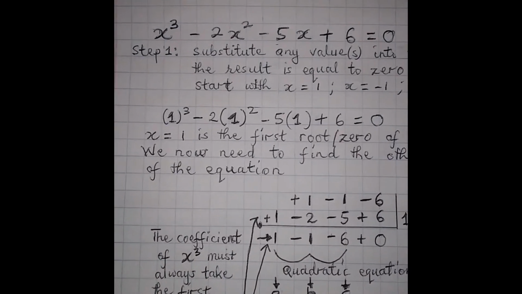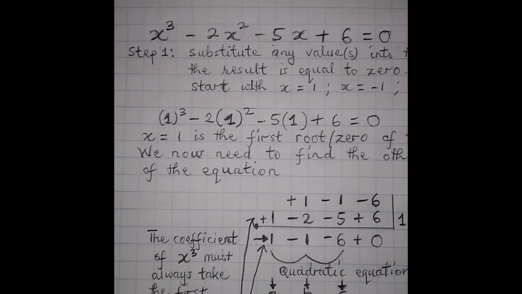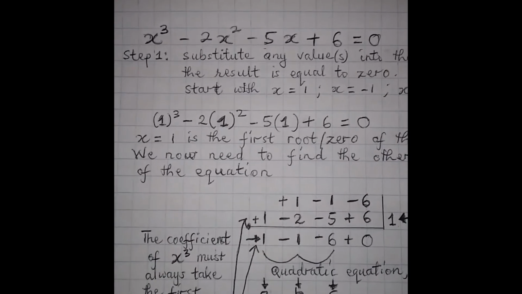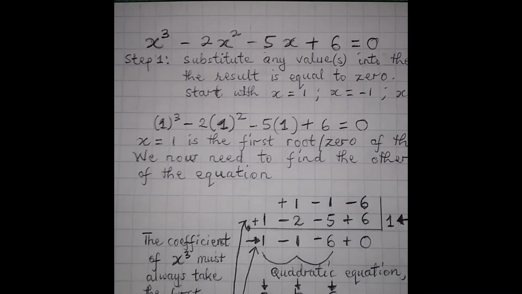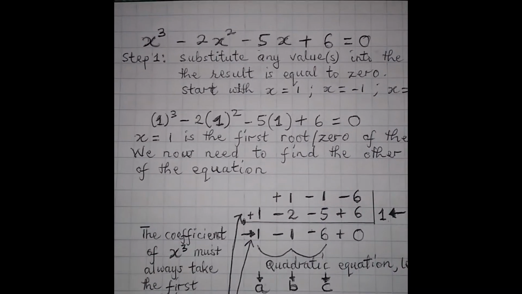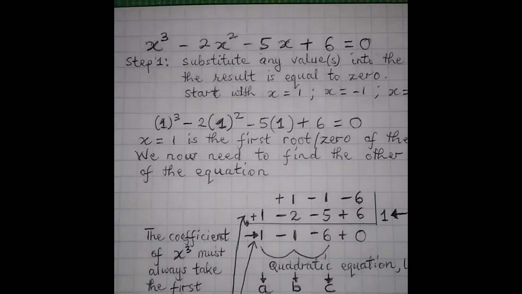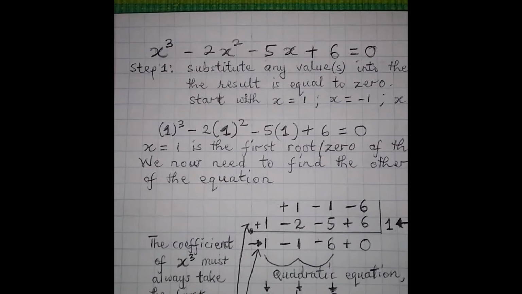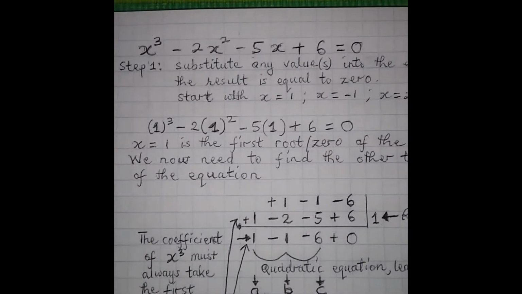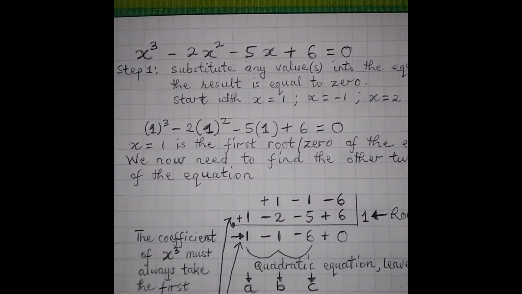You plug in positive 1 wherever you see x. So you put it on your calculator, and if the entire calculation gives you 0, then the x value which gives us 0 now is 1. So we can call that x is equal to 1 to be our first 0 or our first root.